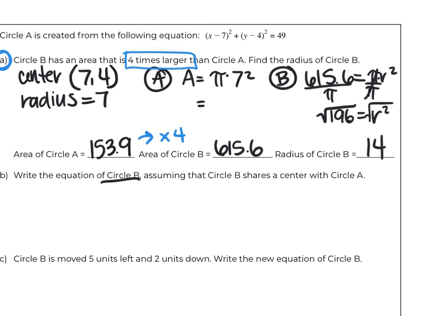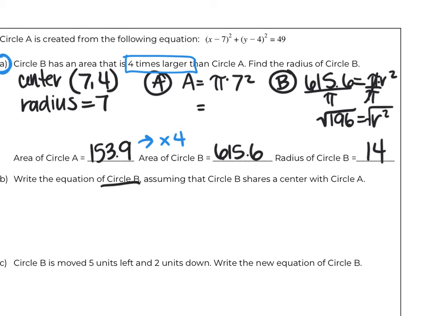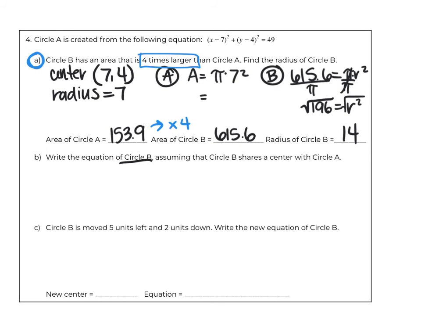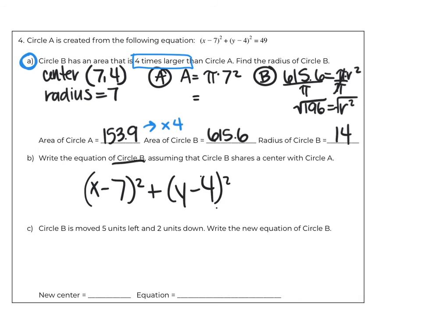So x minus 7 squared plus y minus 4 squared. All right, so that is exactly from this equation here. I just copied that down because they have the same center, so that doesn't change the left side. But now, the radius is 14. So I need to square 14 and put that here. So that should give you 196.